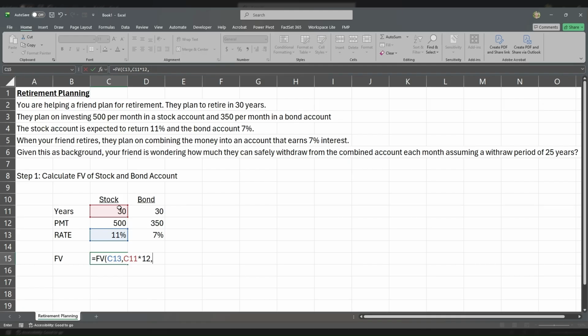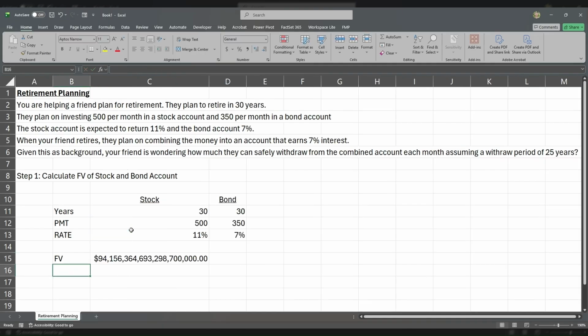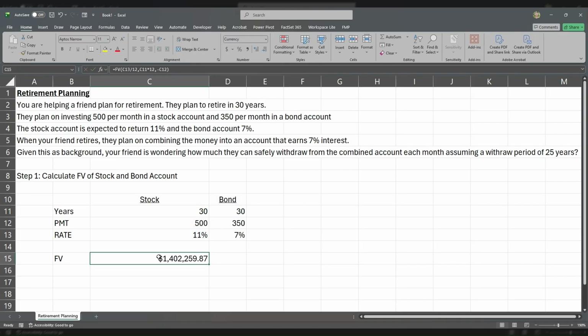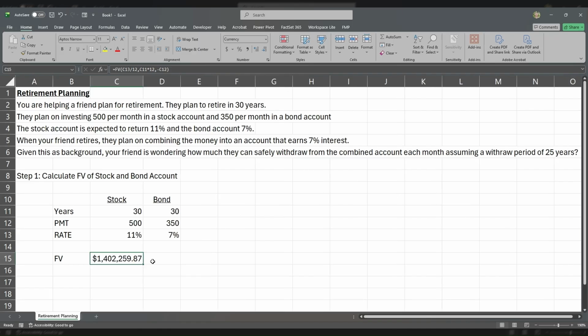The payment I'm going to represent as a negative amount for an outflow, this 500. And what I forgot to do also was convert the rate, my bad, into a per month equivalent. Sorry about that, folks.